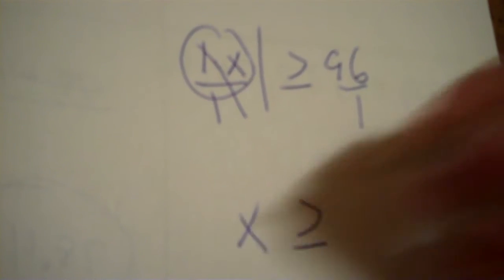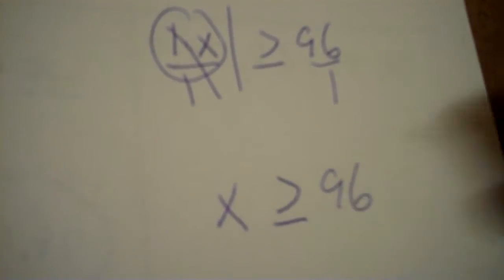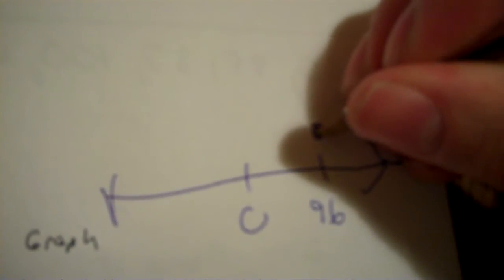We'll divide by 1, and now x is by itself, and 76 divided by 1 is 76. Now I want that graph down here. So 0, 76. So I circle, I fill it in, and it eats the x, so it goes this way. So you get 76 or better to meet your goal.